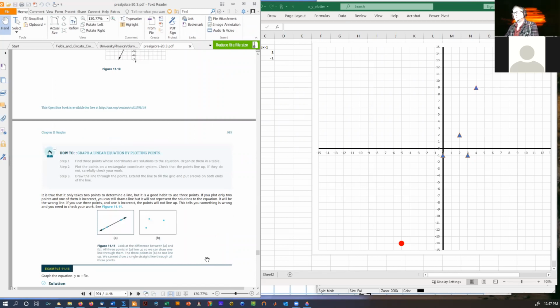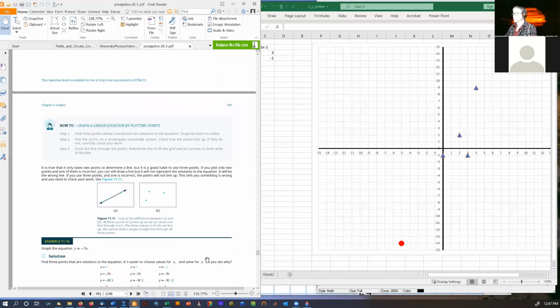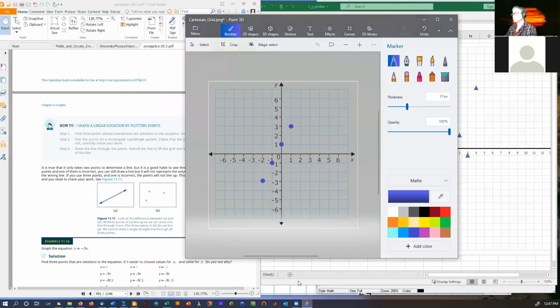So one thing that is always true is that 2 points will always determine a line, right? If we were confident in our skills, we could have started with any 2 of these points and drawn the line between them.